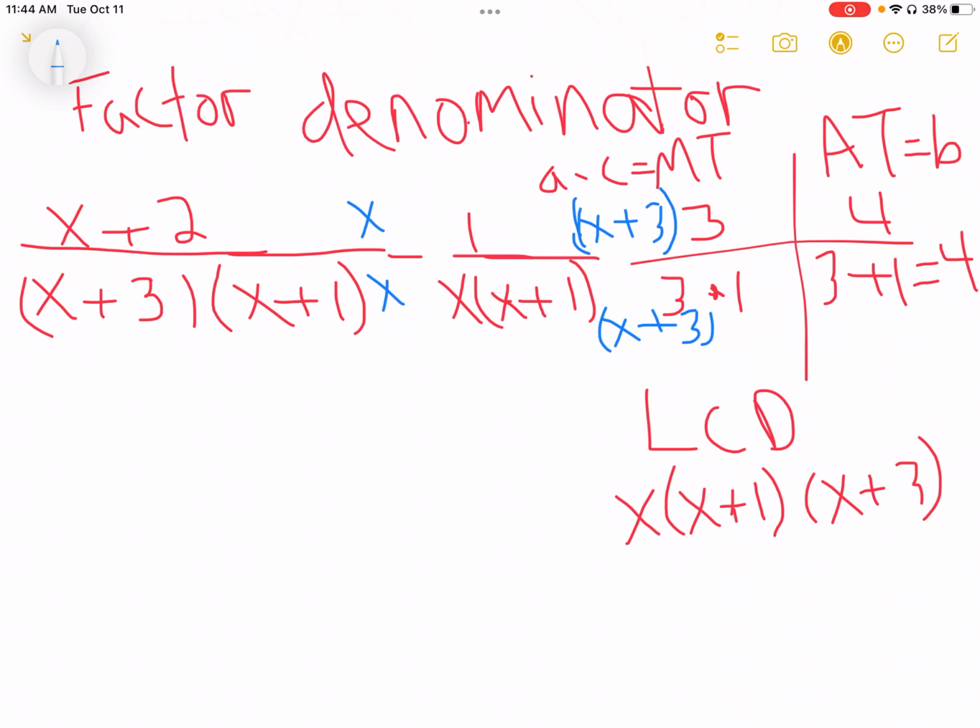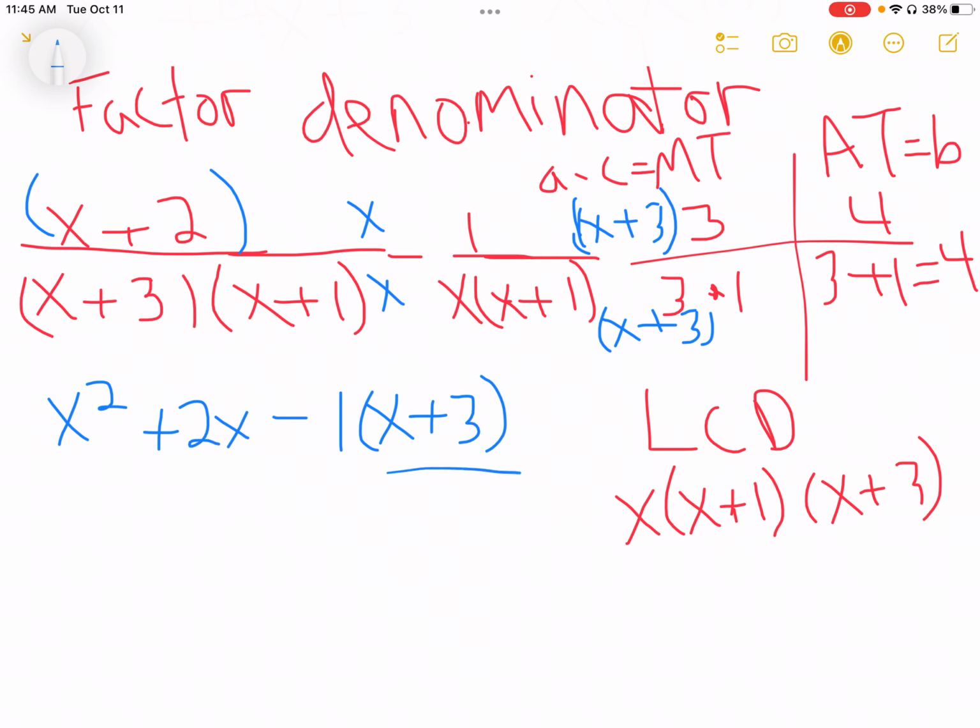And then when I multiply this out, that gives me x squared plus 2x, right? Because if I think about this, this is like a parenthesis around here. And then on the top, I have minus 1 times x plus 3, and it's still all over x plus 3, x plus 1.